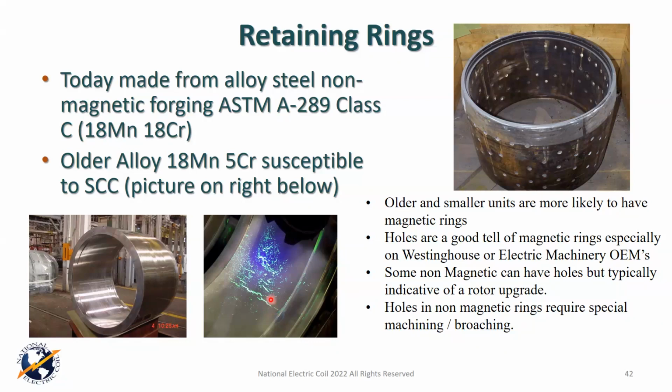Years gone by, in emergency situations, I've had customers, not as bad as what you're seeing here, but they had a little bit of indications on their 18-5 rings, and they said, Howard, I got to go back together. I can't. And I said, well, it's not a good idea, but you can do some minor machining in order to relieve the indications if the indications are very minimal.